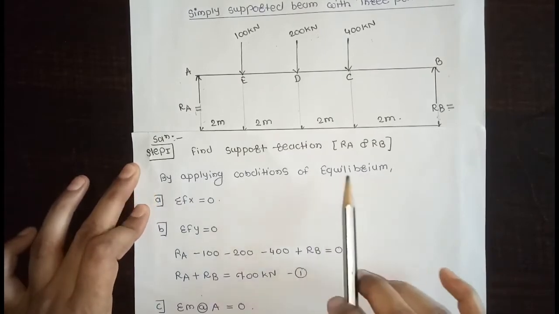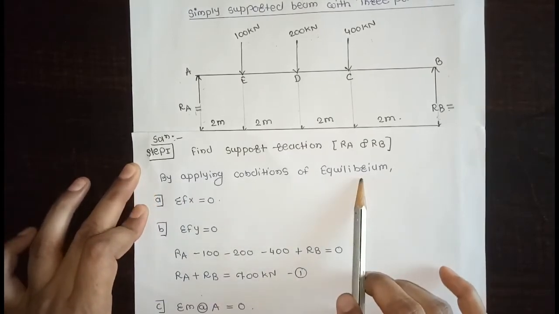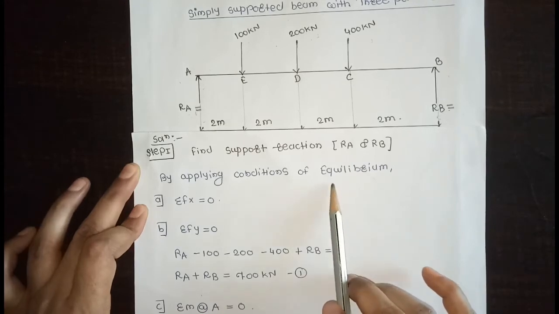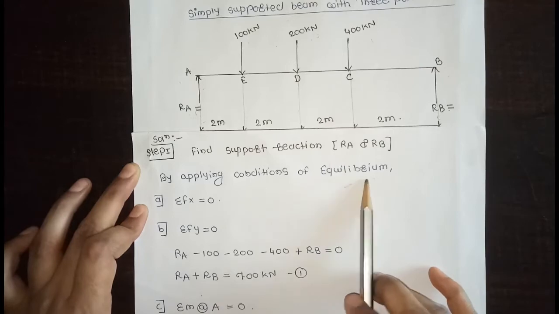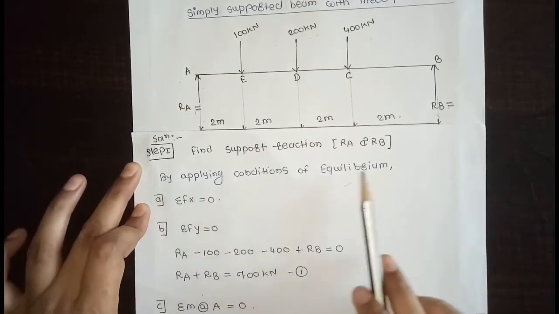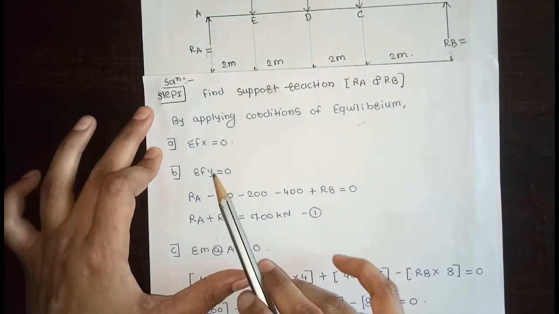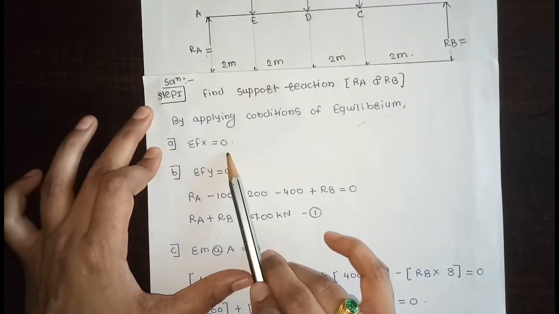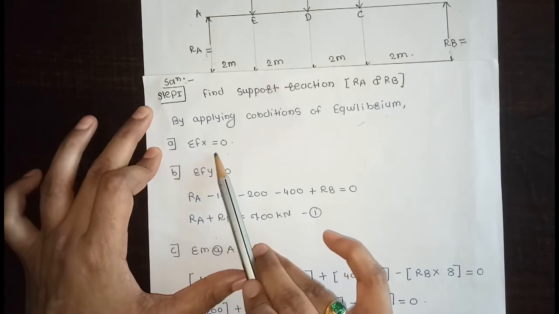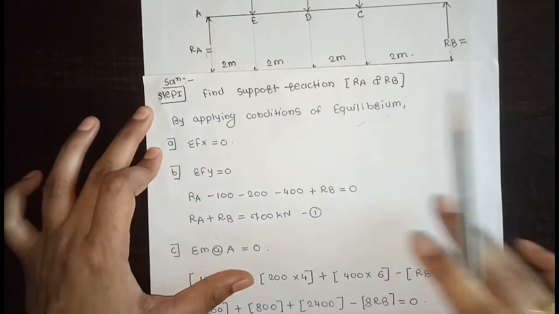So what are the conditions of equilibrium? 3 conditions are there: summation Fx = 0, summation Fy = 0 and summation moment = 0. The first condition, summation Fx = 0, means the algebraic sum of all x components is equal to 0.